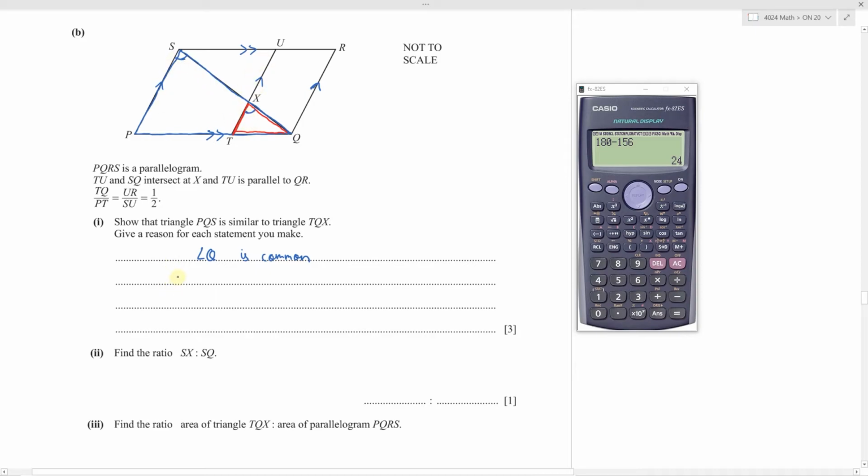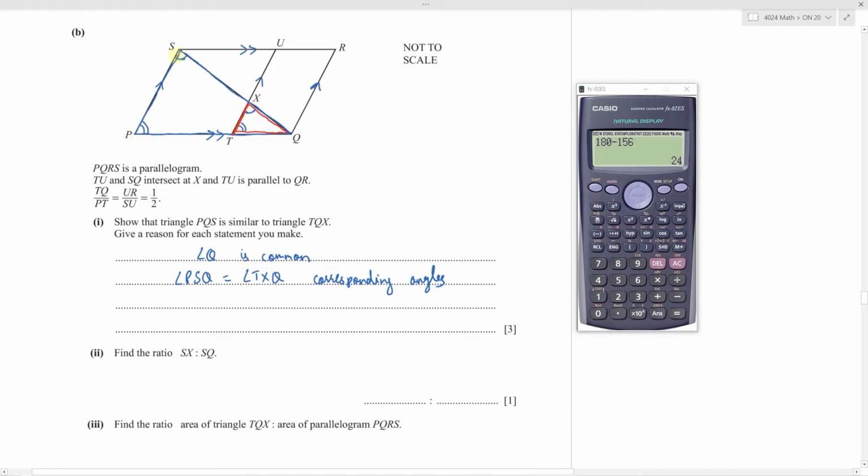So angle PSQ is equal to angle TXQ because they are corresponding angles. And similarly, if you look at angle SPQ and angle XTQ, these are equal as well.